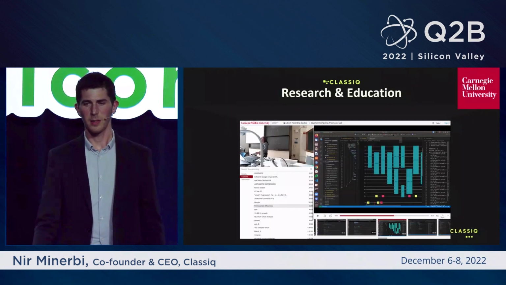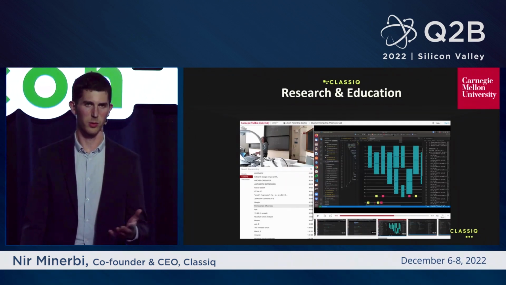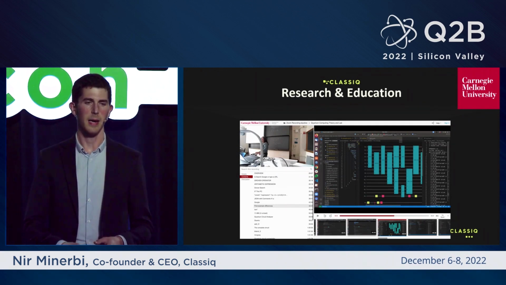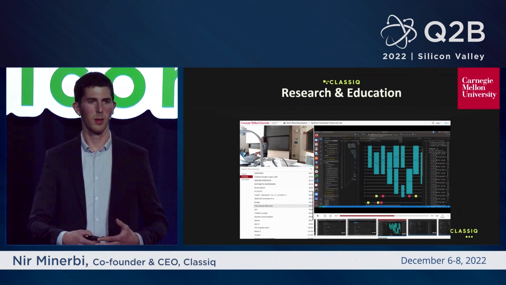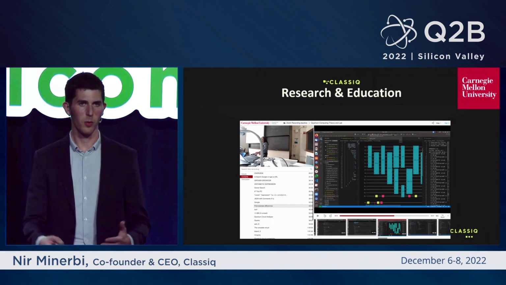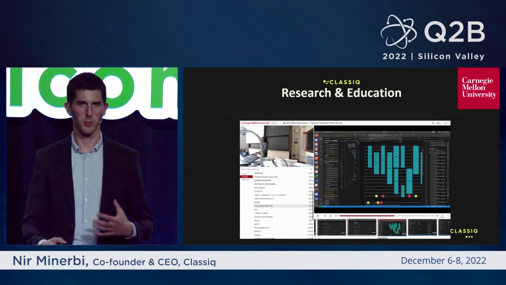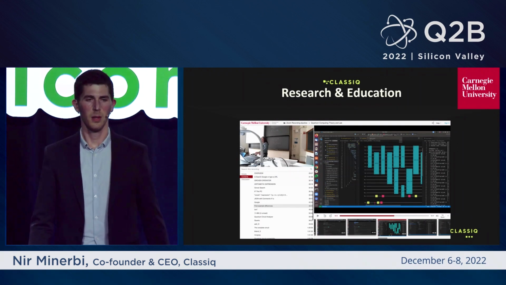This is another example for education. The platform is used for quantum computing research and education in many universities. This example is for Carnegie Mellon, where the Classiq platform is used for teaching quantum computing software to the next generation of quantum software engineers, which is very, very important for us in order to build this community.